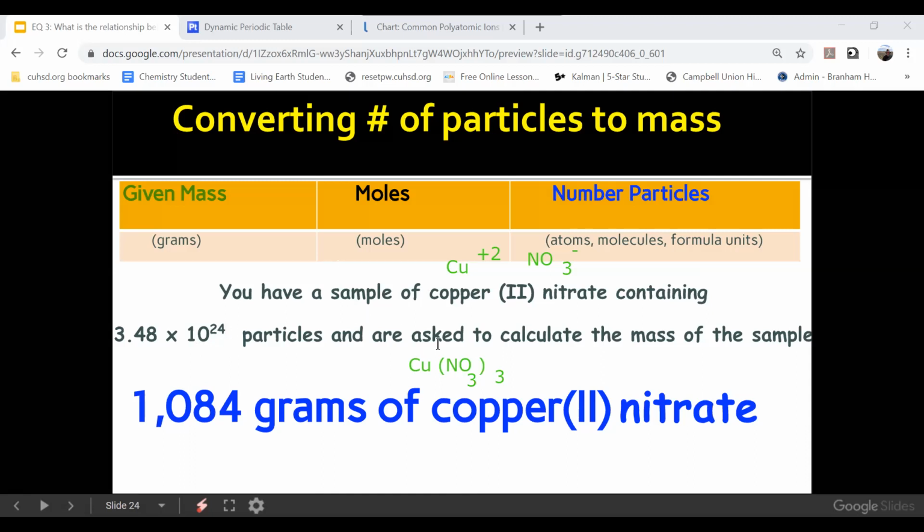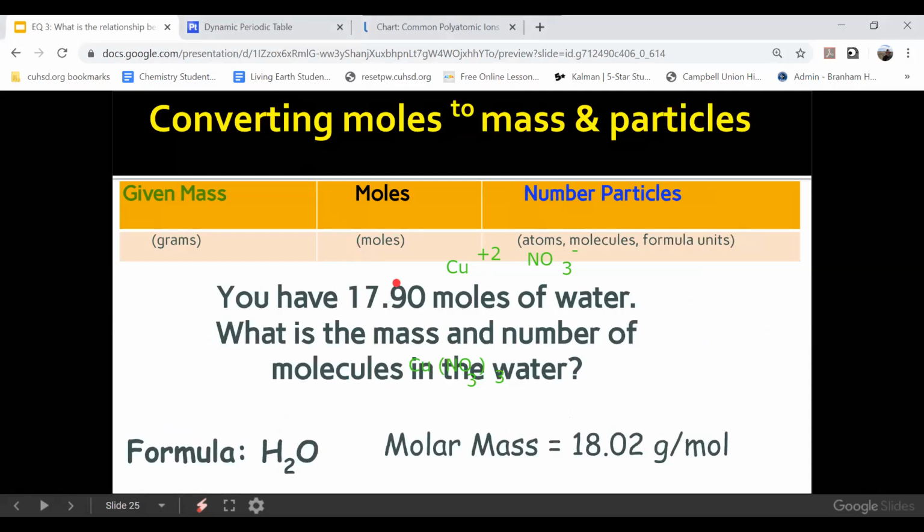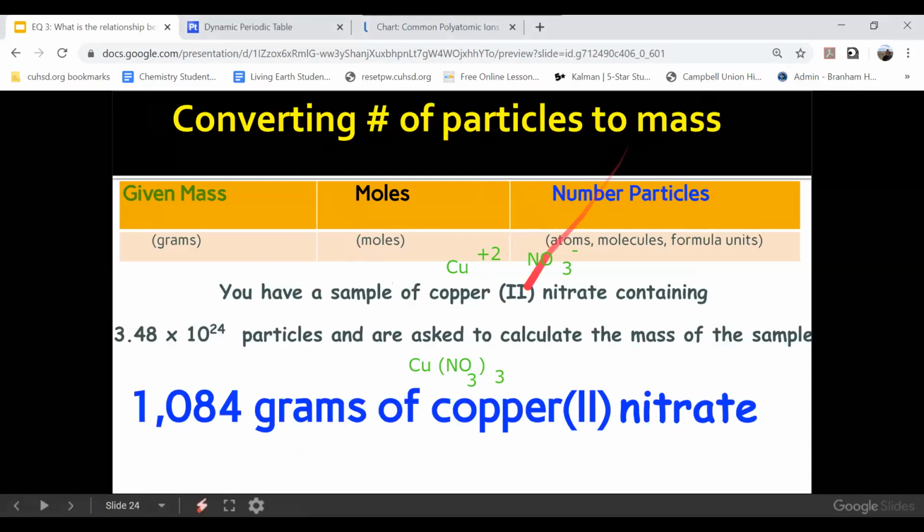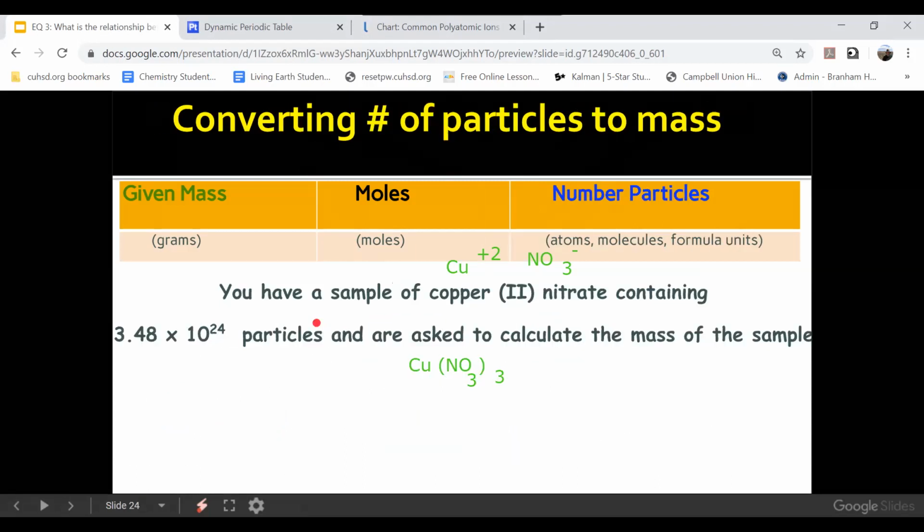So you can set this up in a way where you can use your picket fences, and you can start with those number of particles.